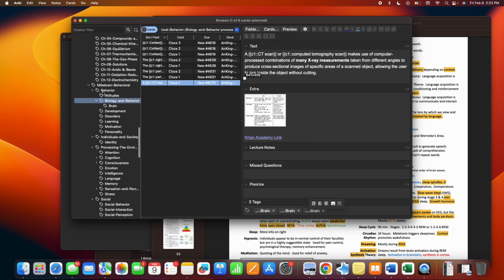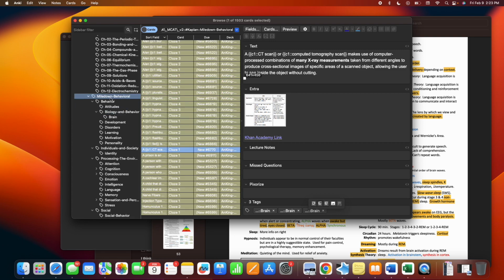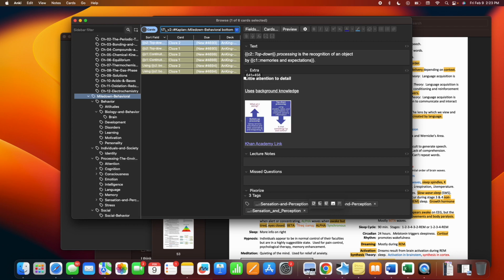Okay, there's nothing here. It should be in this one. Bottom up. Top-down processing is the recognition of an object by memories and expectations, with little attention to detail.